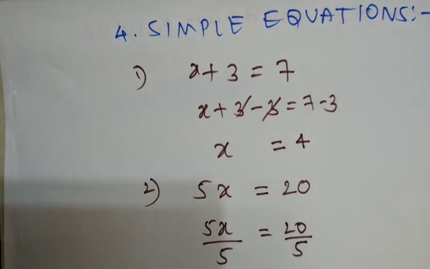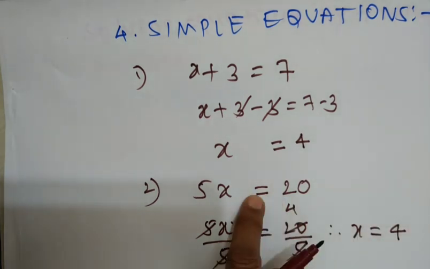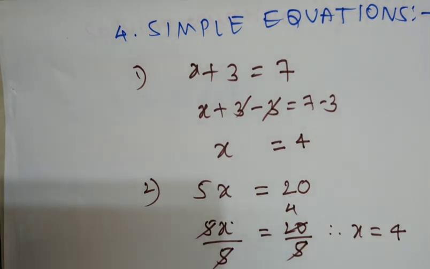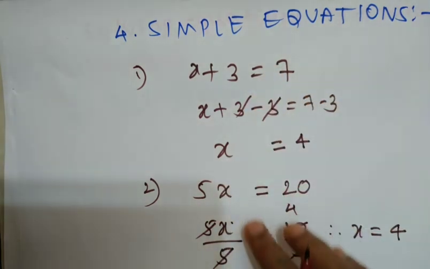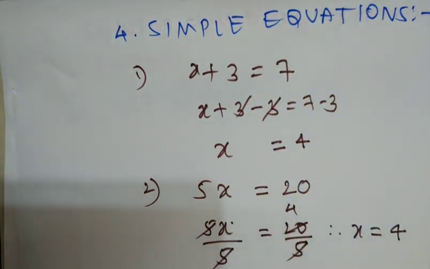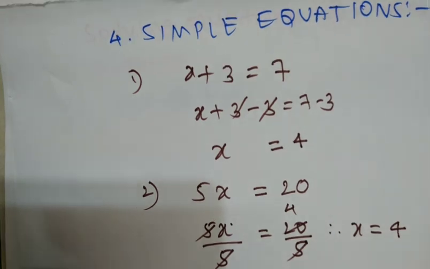So what is x then? 5 ones are 5, cancel. 5 fours are 20. So x is equal to 4, isn't it? So 4 is the solution of this equation. So this is about last week's class, isn't it? Here we have revised the last class by solving two problems.